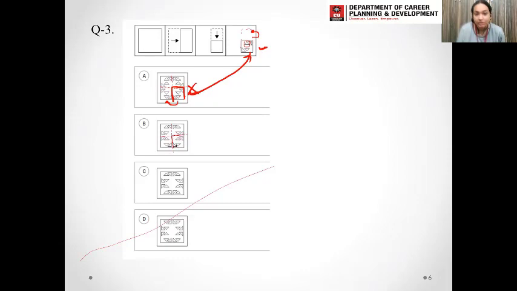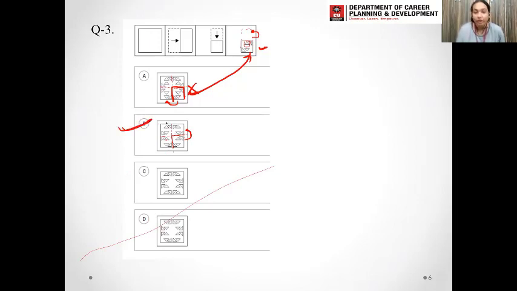This particular box, let's check, is this the mirror image of this? Yes, this is the same and this is the same. Now let's check for the water image. If the upper part is the water image of the lower part, so if it matches, this is an inverted triangle, and for this part this is inverted, this is inverted, for this it is right, and for this it's also inverted. So our answer is B.